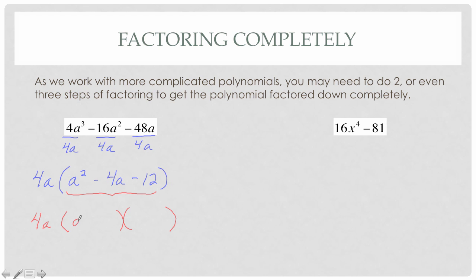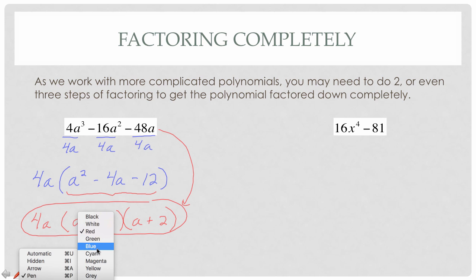My numbers are going to be negative 6 and positive 2. Negative 6 times 2 gives me the negative 12, but negative 6 plus 2 gives me the negative 4a for the middle term. So there we go. There is the factored form that's equivalent to all this. I like factored forms. So there we had to factor out the greatest common factor, and then we had to factor the trinomial. A couple steps.